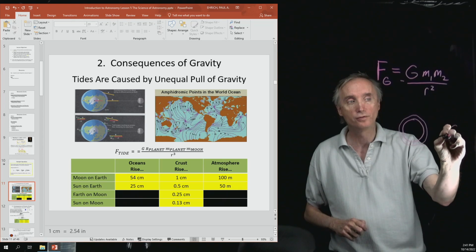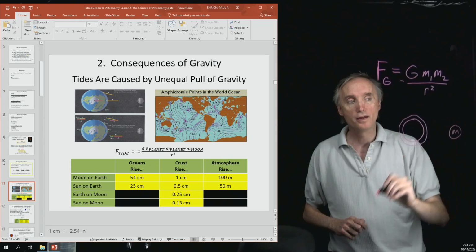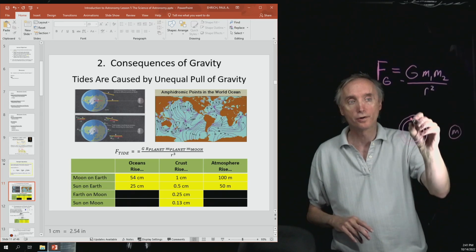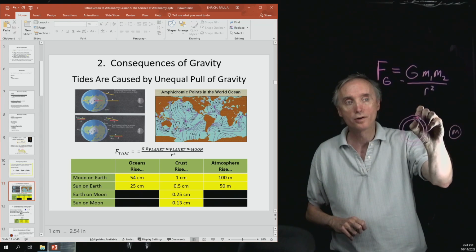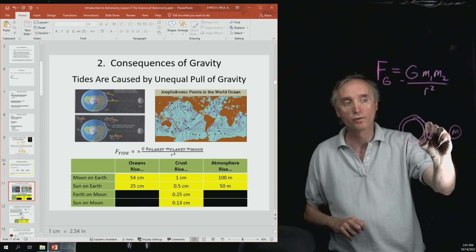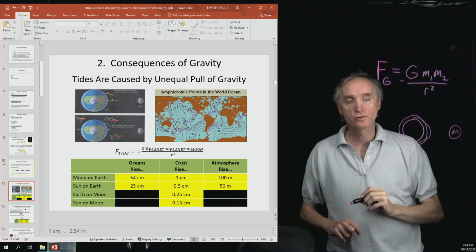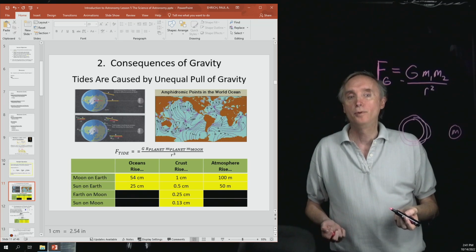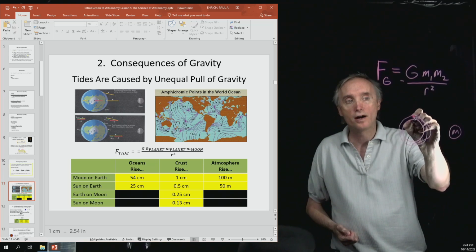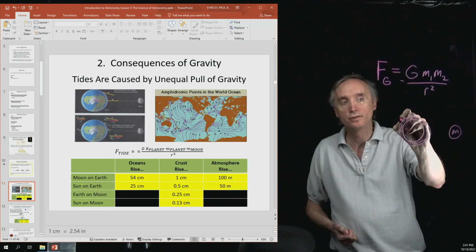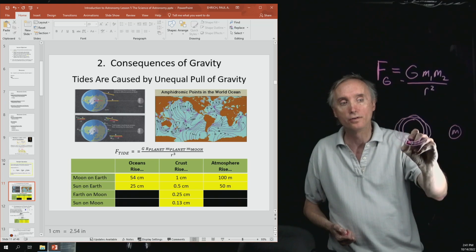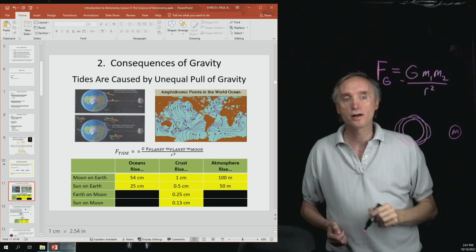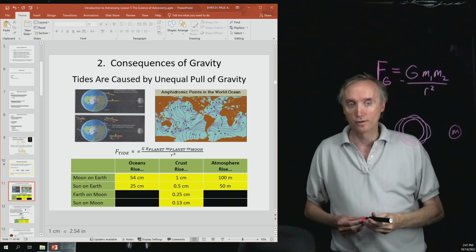Let's put the moon over here, and the gravity of the moon pulling on the water is going to cause that water to bulge towards the moon. Now this is greatly exaggerated, and I think everybody could understand that. But you also have a high tide on the opposite side of the earth.